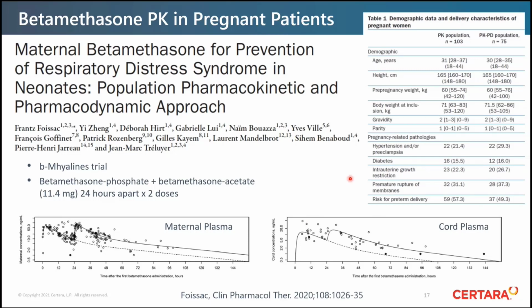In this study, they administered the European formulation of betamethasone phosphate and betamethasone acetate, which contains 11.4 milligrams, 24 hours apart for 2 doses. And as you can see here, they collected maternal plasma, cord blood, and also amniotic fluid samples.